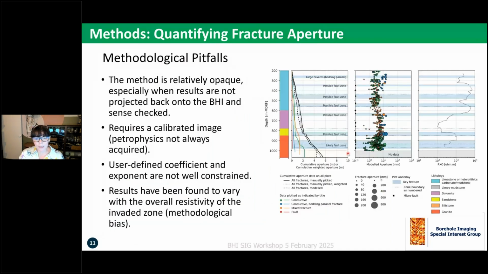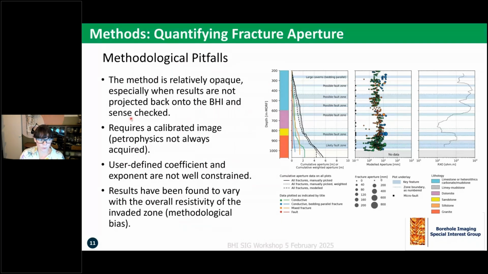I also find the method a little bit opaque because I'm one of those people who scripts codes a lot, and I often want to see how things are implemented. That's not something you tend to be able to see if it's built into software.